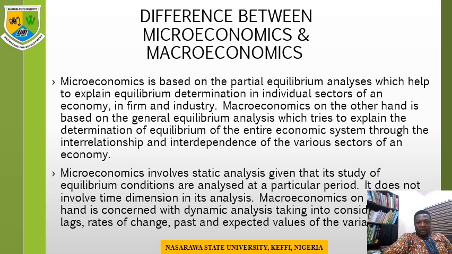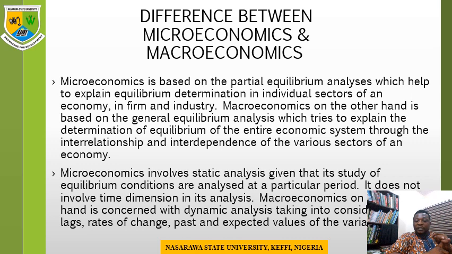Thirdly, microeconomics is based on the partial equilibrium analysis, which helps to explain equilibrium determination in individual sectors of an economy, in a firm and industry. In other words, it is not a complete equilibrium analysis. Partial meaning that it is a one-sided or half analysis of what is happening to a particular industry, a particular firm, what is happening to an individual or a particular household, not looking at what is happening to the entire economy.